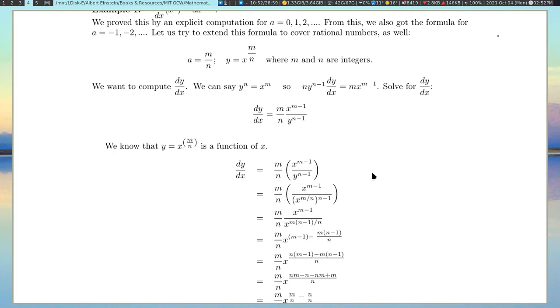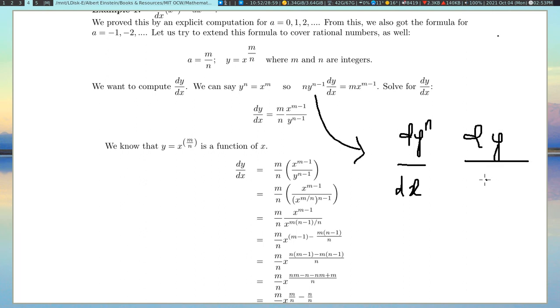Something that I would like to emphasize on what he said was this. You write the right hand side as d y to the n over dx times dy over dy, right? So what happens? Well, you apply the chain rule.